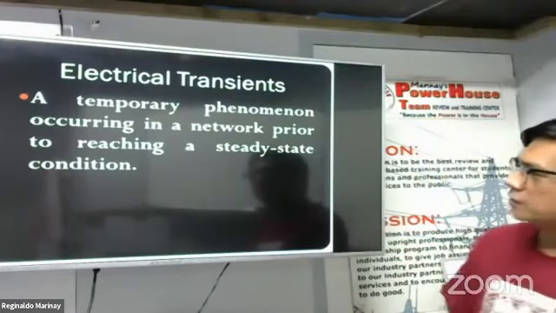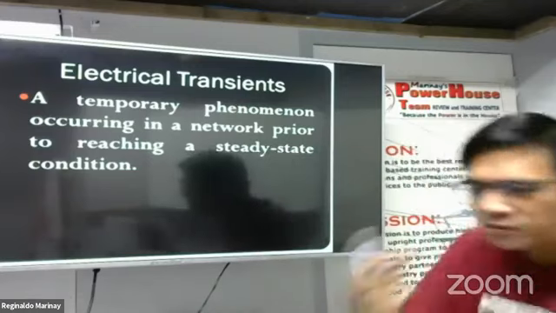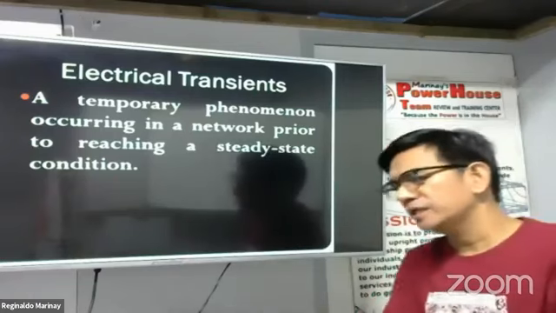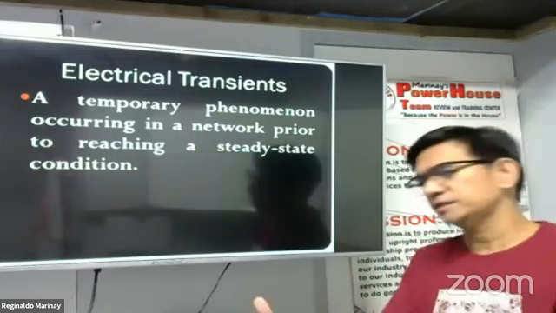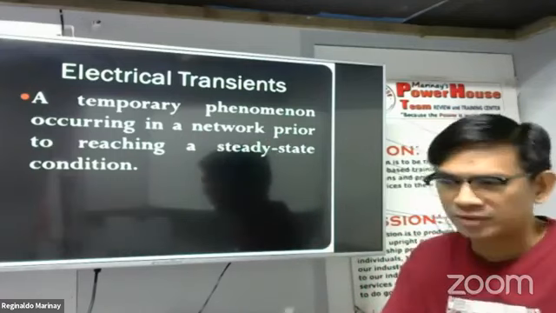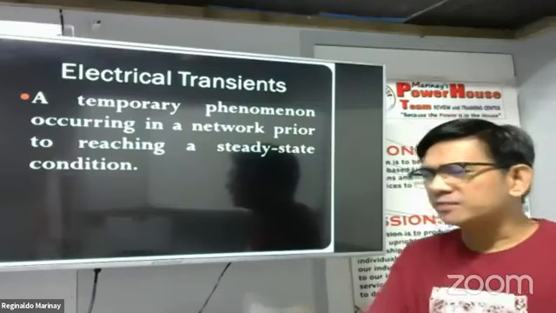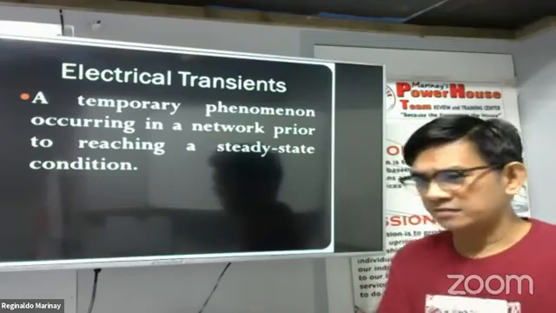Just like also in a generator. In a generator, there is what we call a build-up voltage. Let's say the rating of your generator is 230 volts, or high voltage, let's say you have 13,800 in a power plant. When you start a generator, it will not give you 13,800 right away.